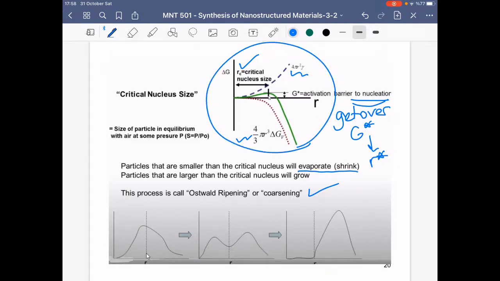At first, this is not our critical size, this is the size of the nanoparticle that I want to achieve. Let's say this is like 10.